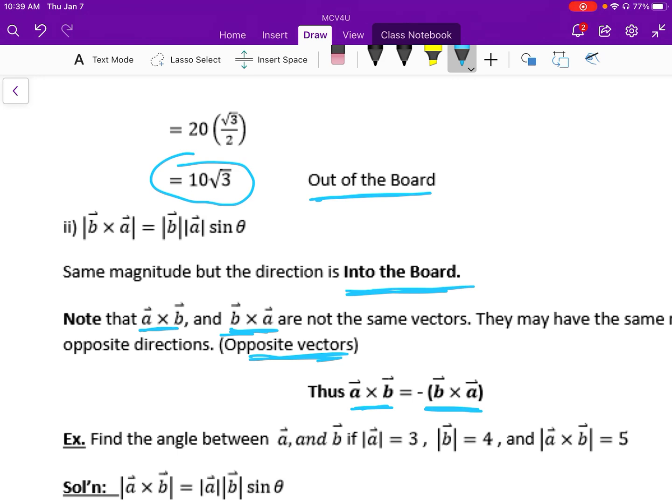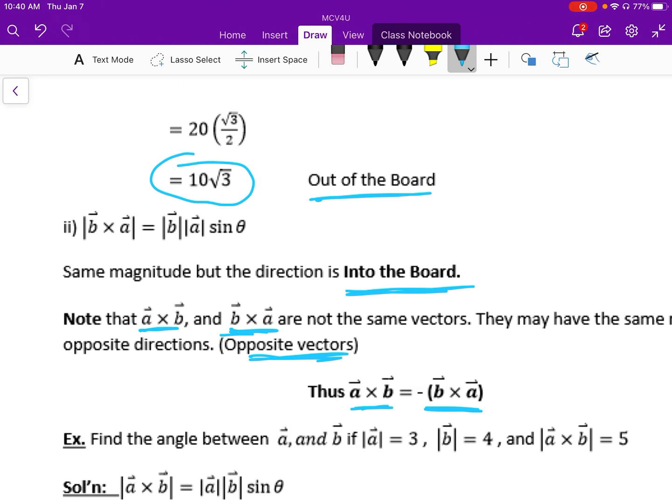All right. Now, I mentioned in a previous lesson, when we're going to look at the angle between two vectors, we normally look at the dot product, and that is going to be true. The normal way of doing it is looking at the dot product.